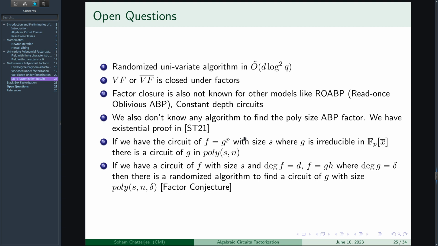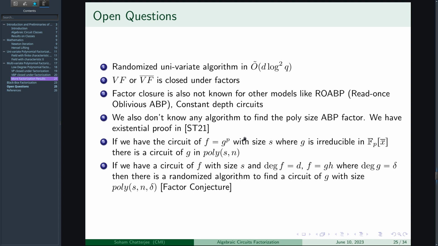We cannot say anything about factors of VF closure, ROABP, and constant depth circuits. We know nothing about these models. We don't know any algorithm to find the ABP factor. We have given the existential proof in the Amit Sinhababu paper, but we don't know any algorithm.